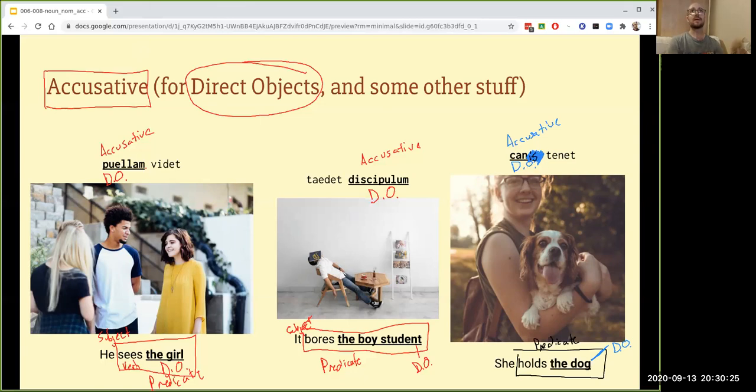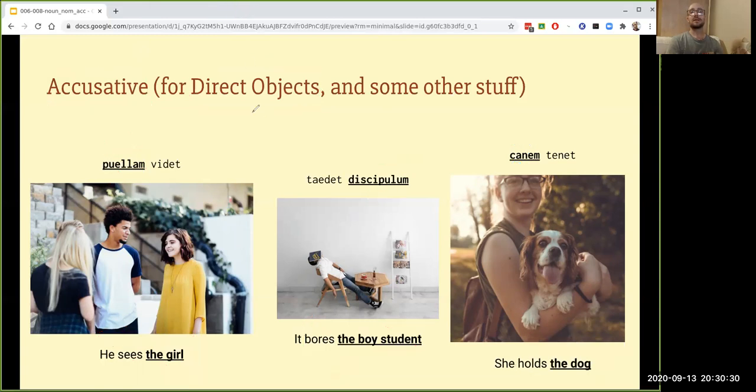Okay, so what did we do? We looked at subjects, and we talked a lot about subjects and the difference in English and Latin. We said in English, typically, it's identified by being the first word in the sentence.